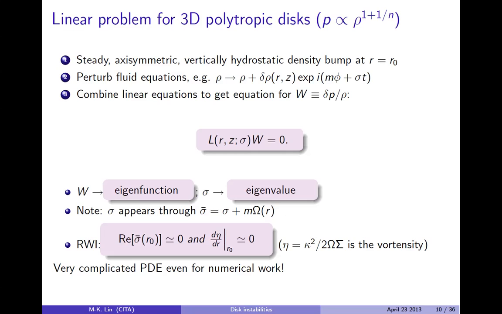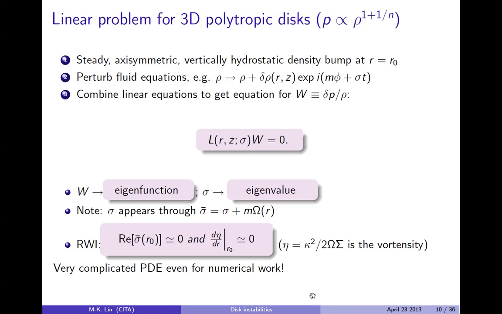So the Rossby wave instability is a special solution to this problem where the real part of this intrinsic frequency is 0 at the bump radius. But strictly speaking, what I mean is the real part of the frequency is 0 at the location where the potential vorticity reaches an extremum.